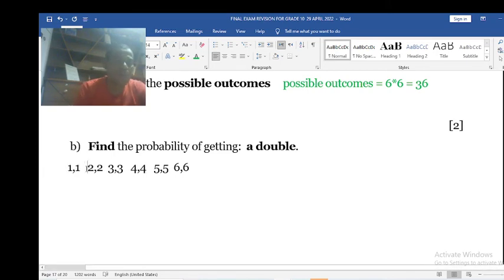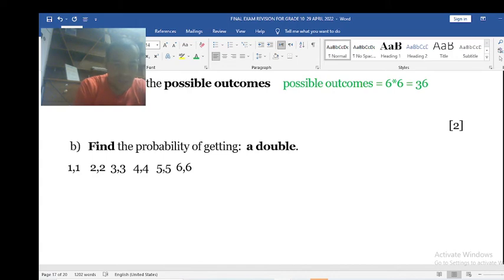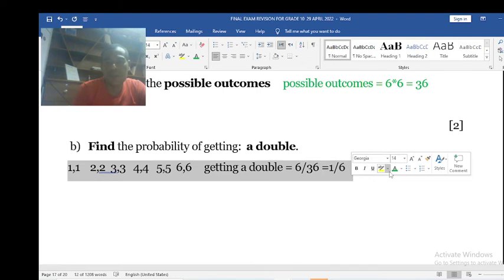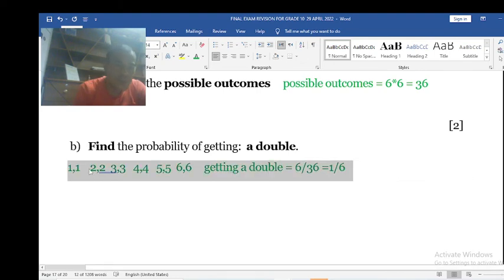We have 1, 2, 3, 4, 5, 6. So the probability of getting a double is equal to 6 divided by 36, which is equal to 1 divided by 6. Okay?